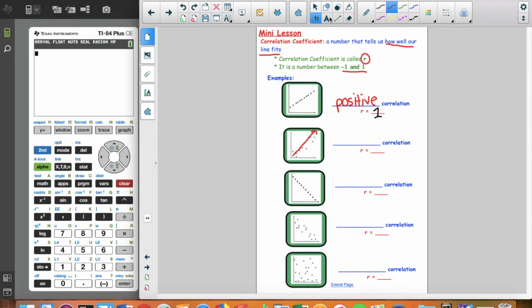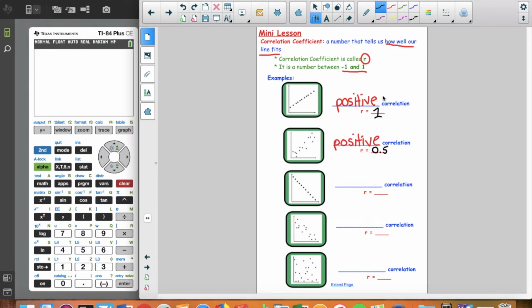That is also an example of a positive correlation. Now, these points are not as close together as these are. That tells us that R is further away from 1, but they're still kind of close, so it's about 0.5.